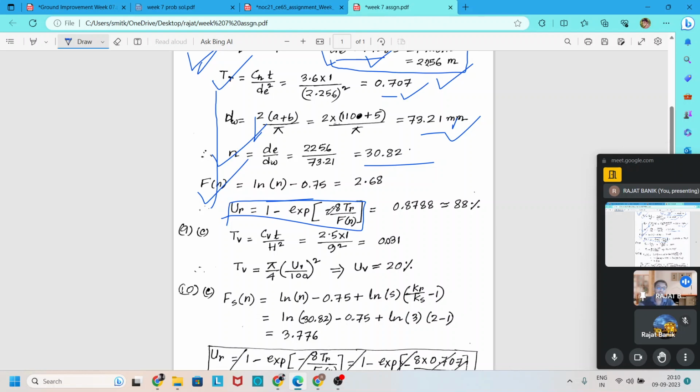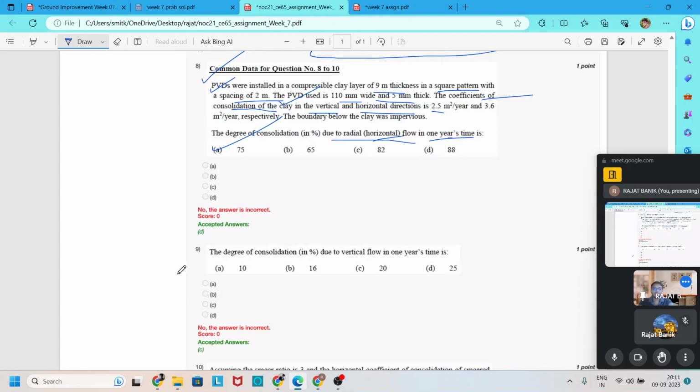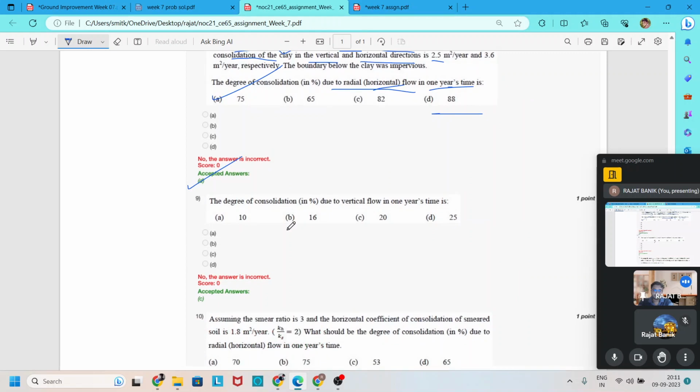Putting all the values in this formula, we find out the degree of consolidation in the radial flow, which comes here to 88%. So the correct option here is option D, that is 88%.